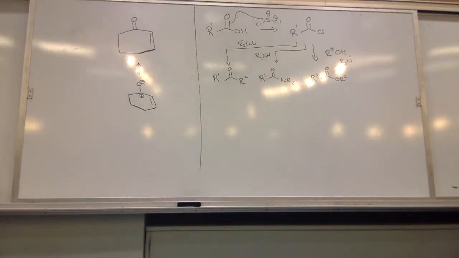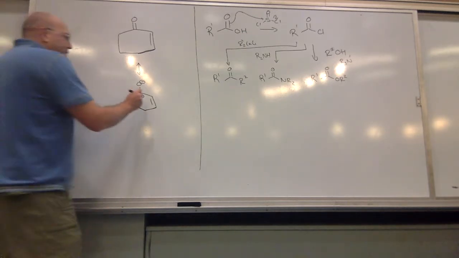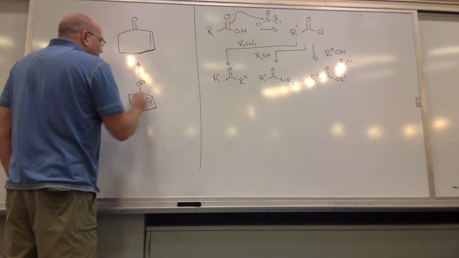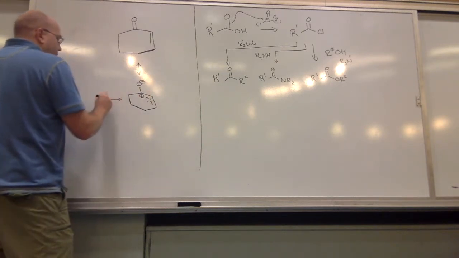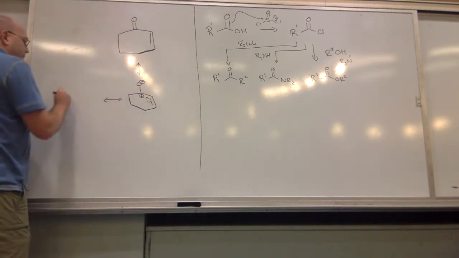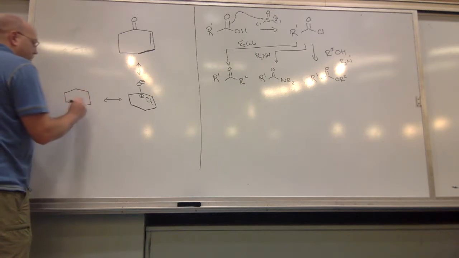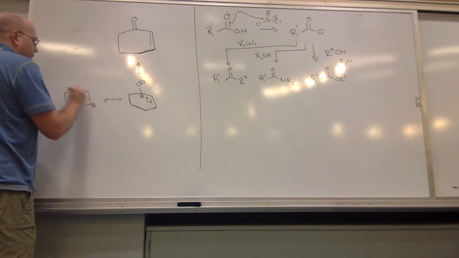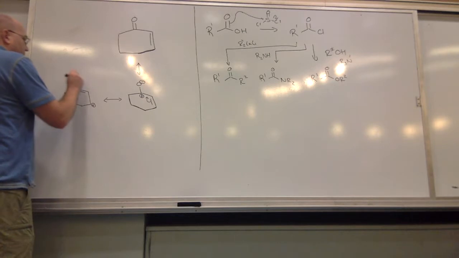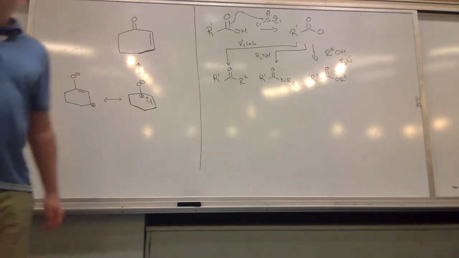You'll notice here that once I've done that and I have an alkene right next to it, there's an additional resonance form that we can imagine, which puts a carbocation there. This intermediate here is what we'll talk about a little bit later on. It's an enolate.